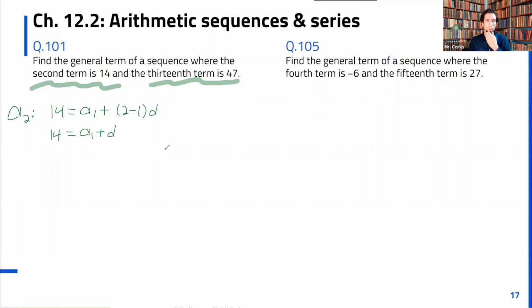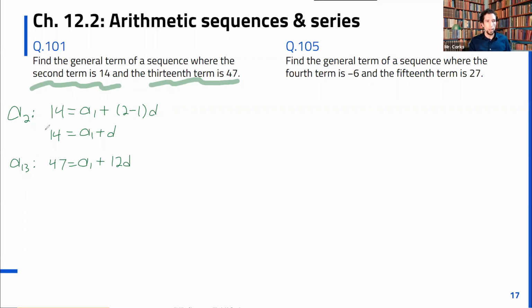Okay, what's our other one? 47 equals A1 plus 12d. So for A13, exact same thing. 47 equals A1 plus 13 minus 1, 12d.